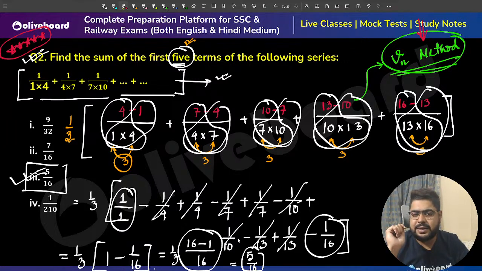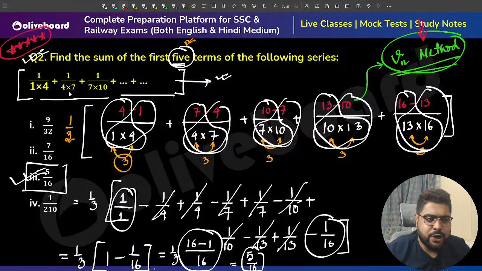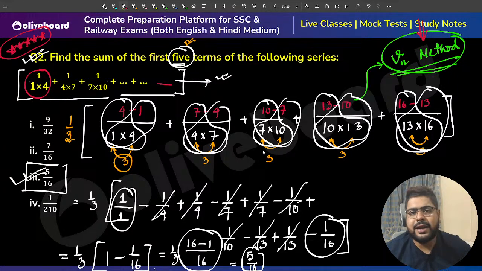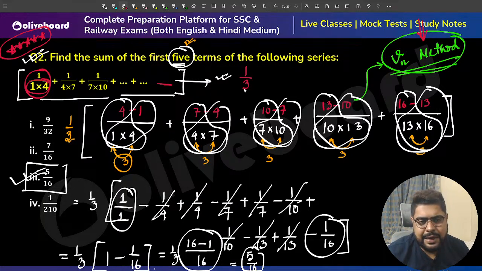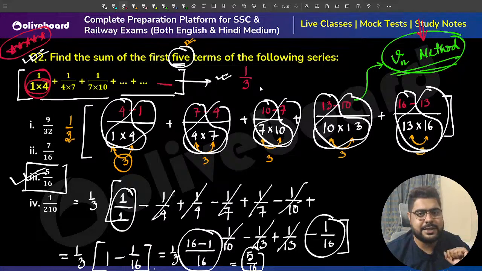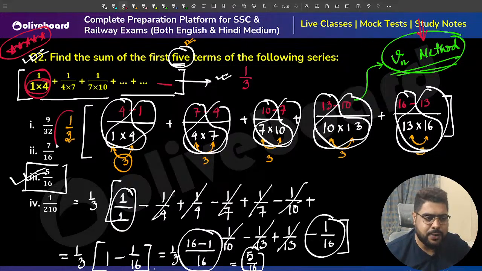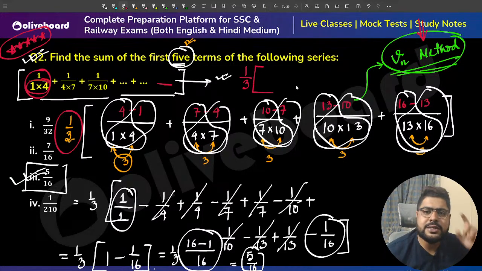Please try to understand. I will try to figure out the first term's value and the last term. Once I figure that out, always remember your answer will be 1 by the difference, because I had to take that common, into first term, 1 by 1, minus last term.